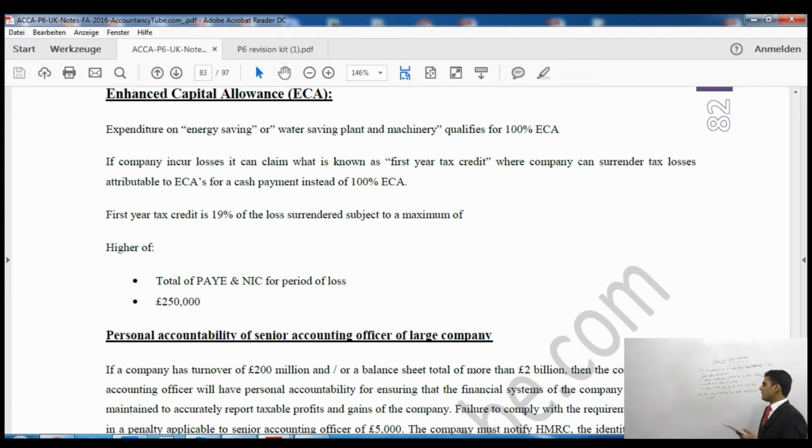Another thing as well, say for example in this question, PAYE liabilities are £350,000, then PAYE will be higher than £250,000, so the higher will be £350,000 PAYE. So then this £19,000 again is less than PAYE £350,000 as well.